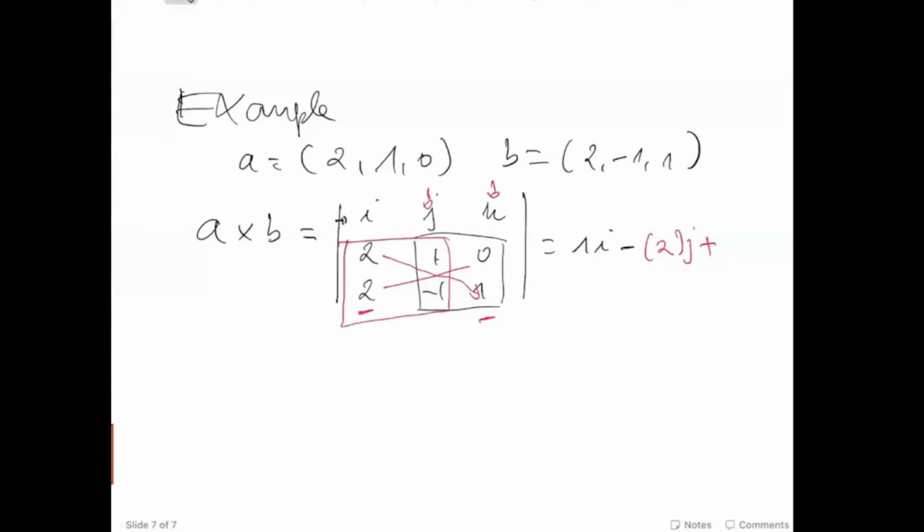That will be 2 times minus 1, that will be minus 2, minus 2 times 1, that will be minus 4 K, and then our vector product is given as I minus 2J minus 4K, or just in parentheses, 1, minus 2, minus 4.